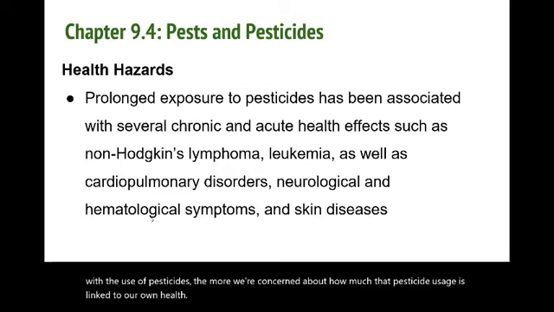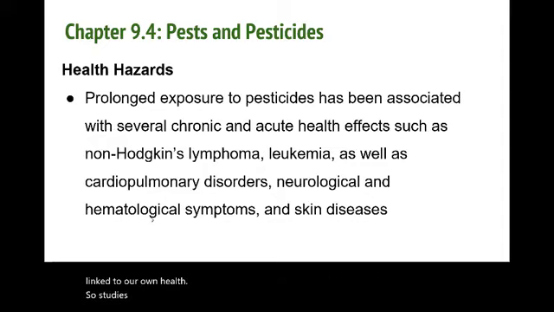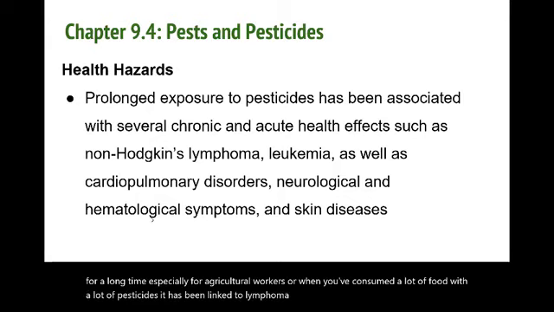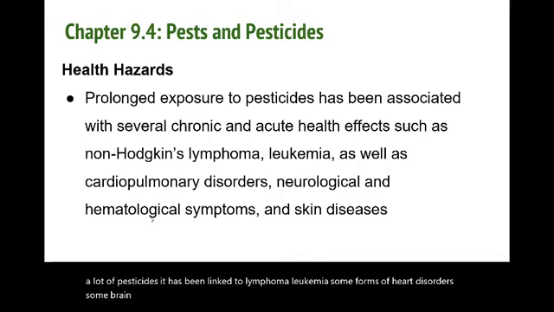So studies have shown that prolonged exposure to pesticides, that means when you're around it for a long time, especially for agricultural workers, or when you've consumed a lot of food with a lot of pesticides, it has been linked to lymphoma, leukemia, some forms of heart disorders, some brain disorders, some types of dermatological issues, things like contact dermatitis and skin disorders.